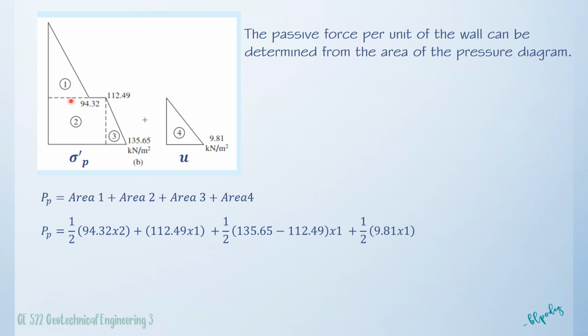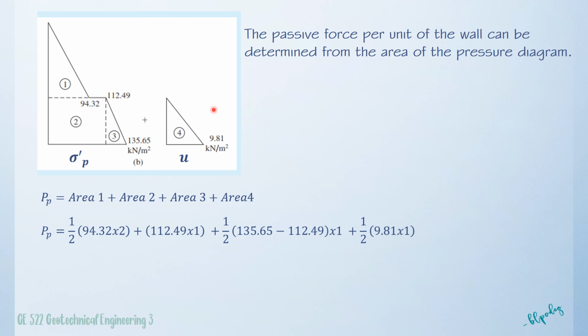That is simply, the area of the rectangle, this value is 112. So 112.49 times the height, which is 1 meter, plus this triangle, area 3. So the base of this triangle, we can solve that by 135.65 minus 112.49 times the height, which is 1 meter.